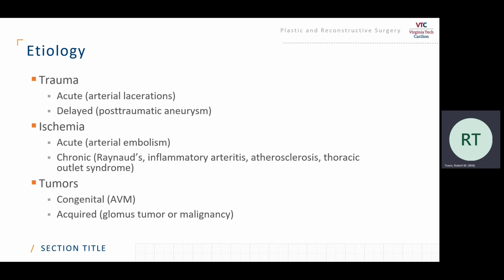Acute causes would be something like an arterial embolism, while chronic causes include disorders such as Raynaud's, inflammatory arteritis, atherosclerosis, and thoracic outlet syndrome. And then the last category is tumors, which can be either congenital or acquired. Examples of congenital tumors include arteriovenous malformations, and acquired tumors could be a glomus tumor or malignancy.